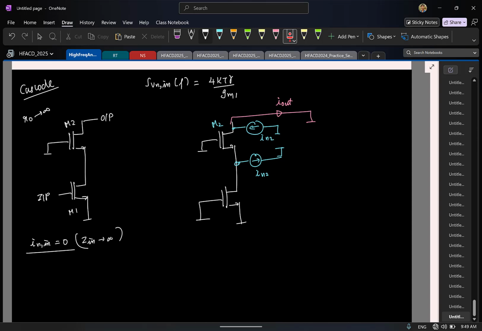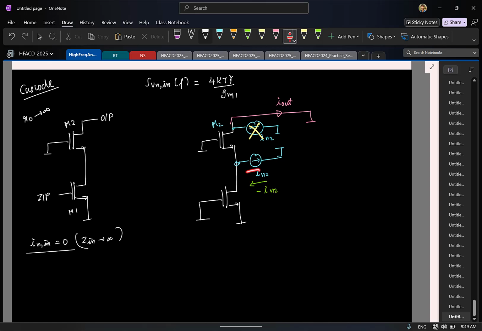Now you can straight away tell me how much of this IN2 will flow through the output. I ignored r0 of all transistors. Remember I'm trying to only find the contribution due to this current source. First let me ignore the top one. What is the current flowing this way?